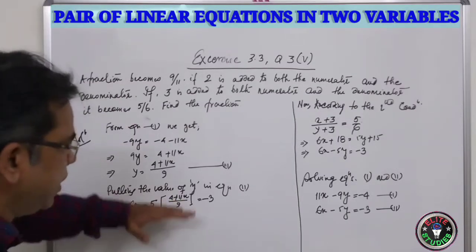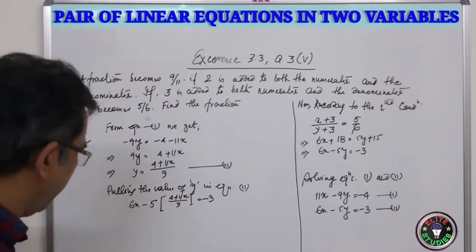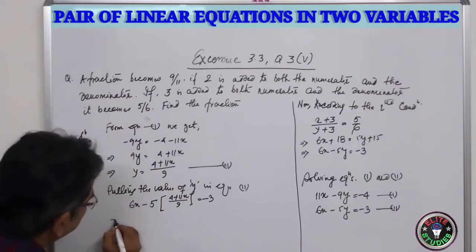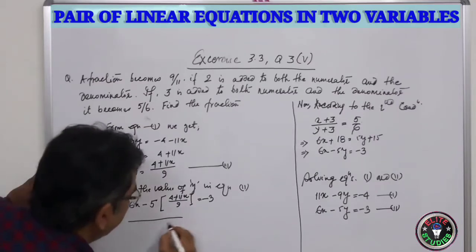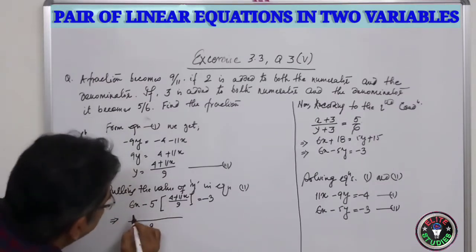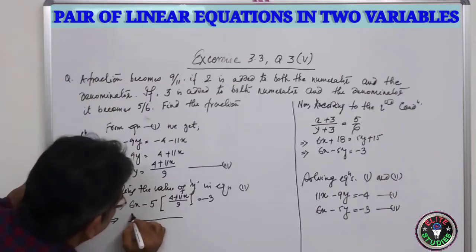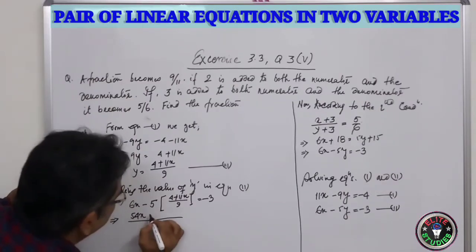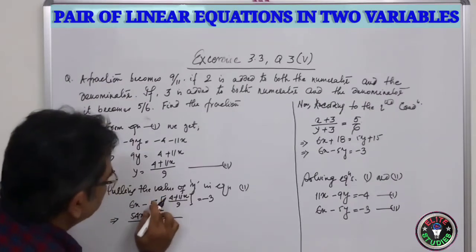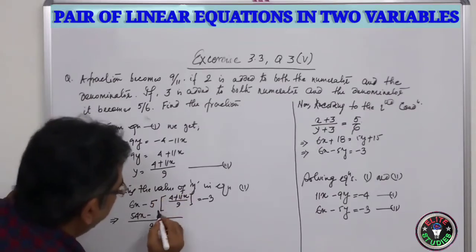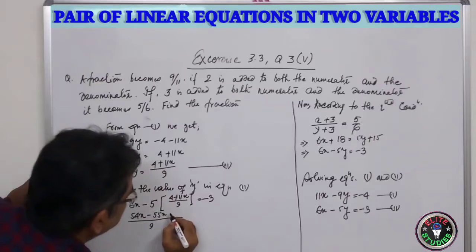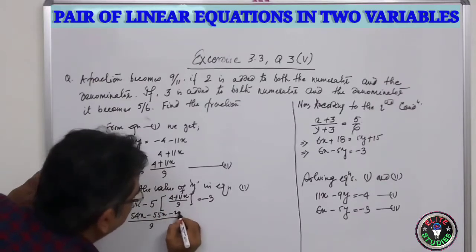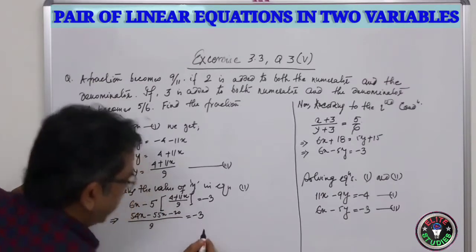Now we'll just simplify. Here the LCM will be 9. So 9 6s are 54x, minus 5 11s are 55x, then minus 5 4s are 20, is equal to minus 3.